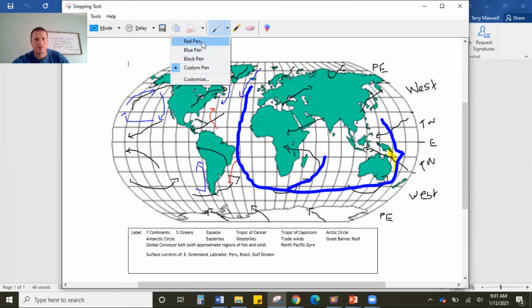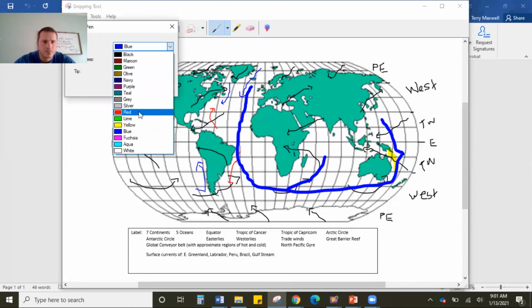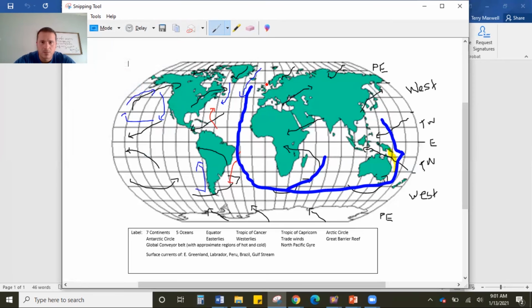Change that to red. Get that motion coming down. Like a loop here, okay?